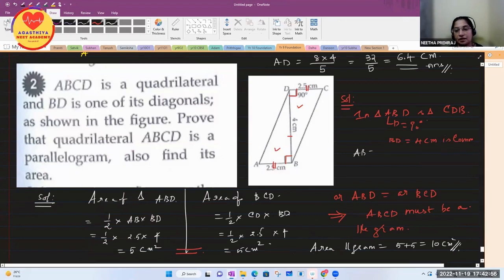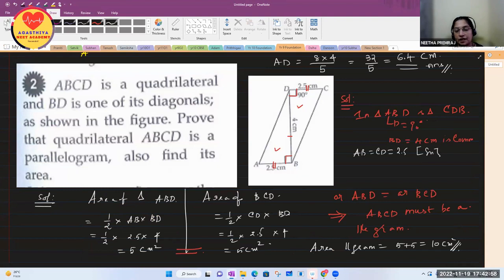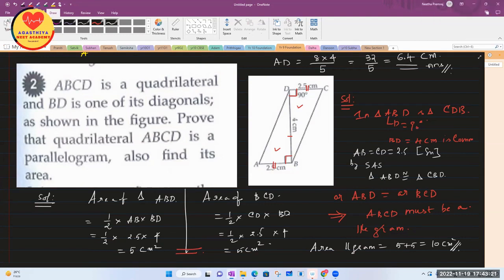It is given. So by what criteria? Tell me guys, by what criteria? Ma'am, SAS. Very good. By SAS, triangle ABD is congruent to triangle CBD. Yes. This way also you can prove. Yes, make a note of it, guys.